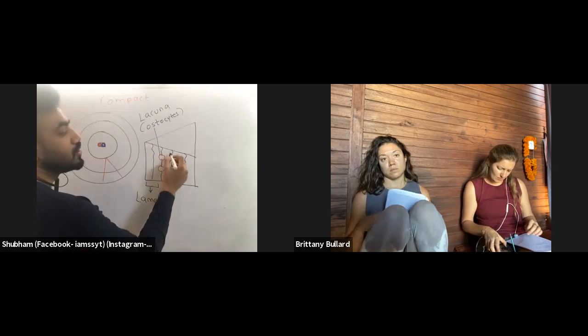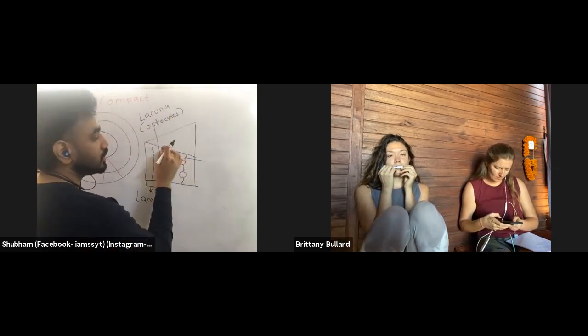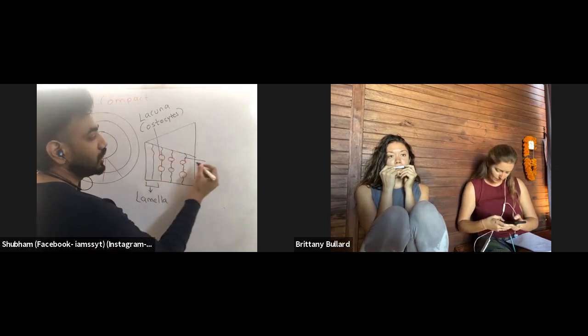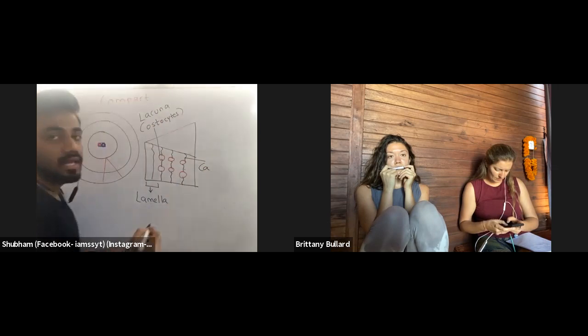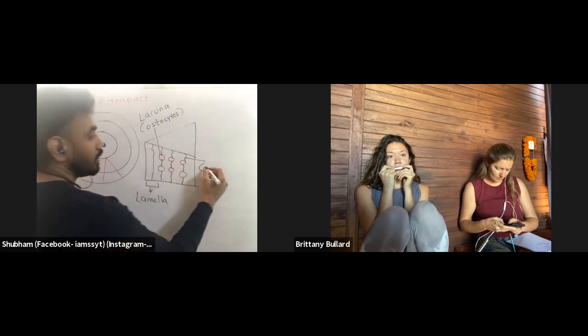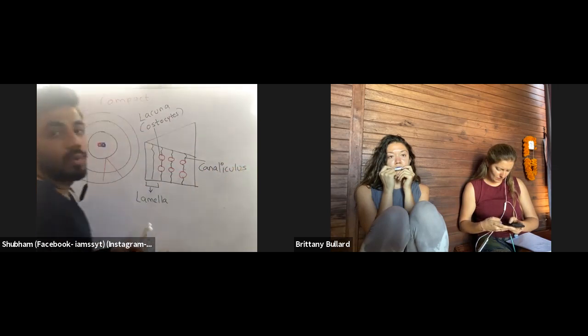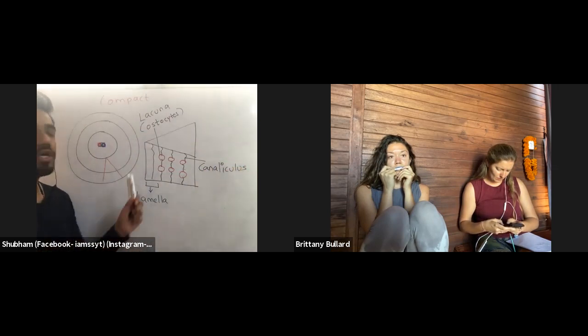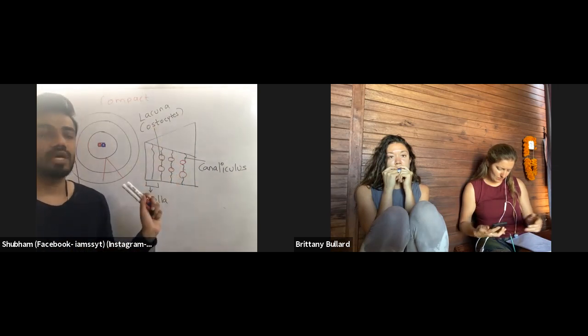The black thread-like structure which connects these lacuna is known as canaliculus. What is the thread-like structure? They connect our lacuna to each other.